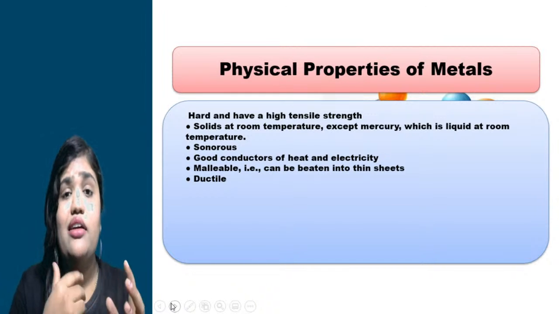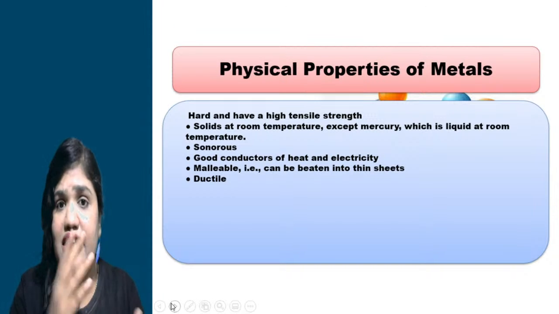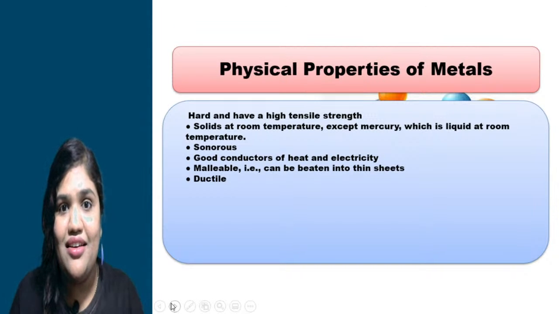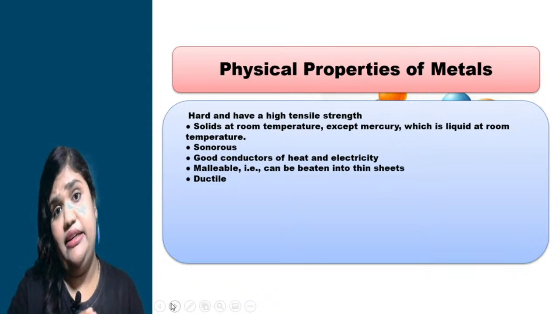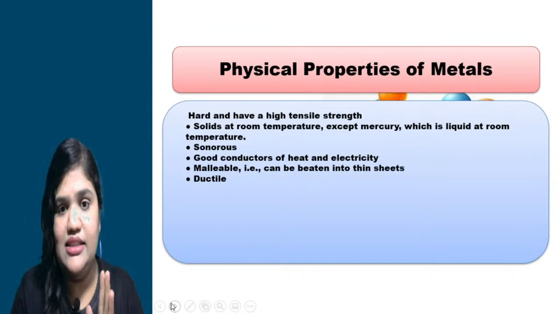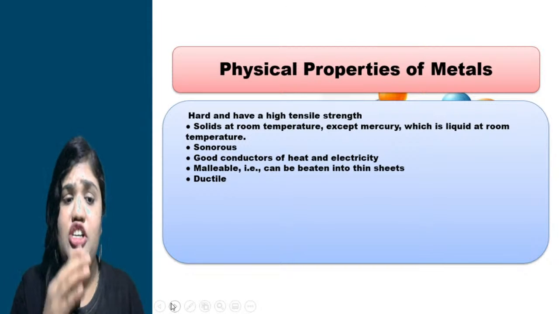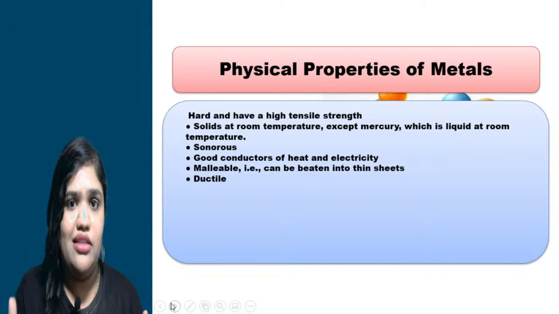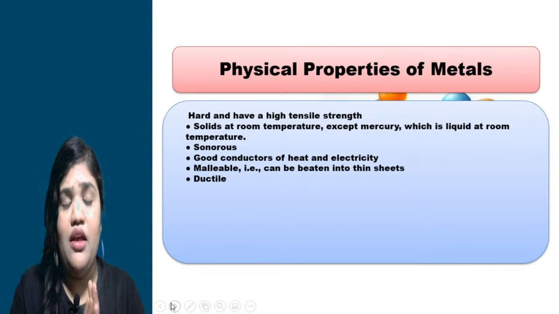Alkali metals like lithium, sodium, potassium, we can cut them using a knife. Is it an exceptional case, everybody? Yes. As you know that generally metals are solid or hard in nature, but this is the exceptional case, right? Sodium, potassium, lithium, we can cut them using a knife. So that is one exceptional case.